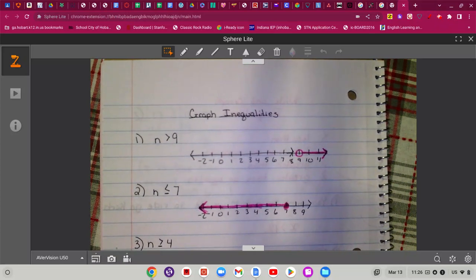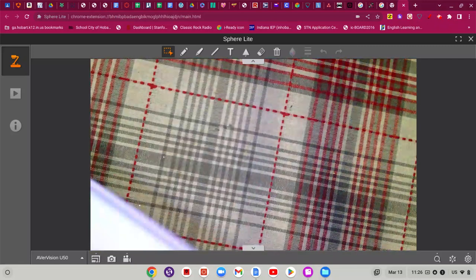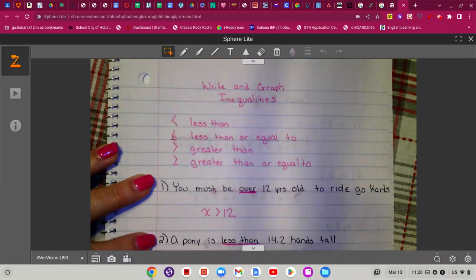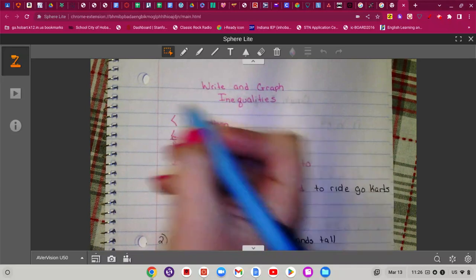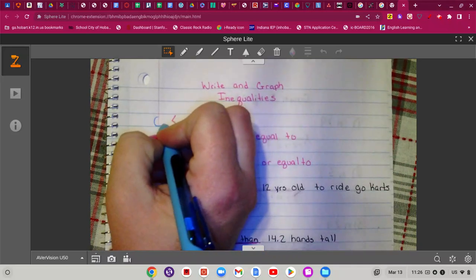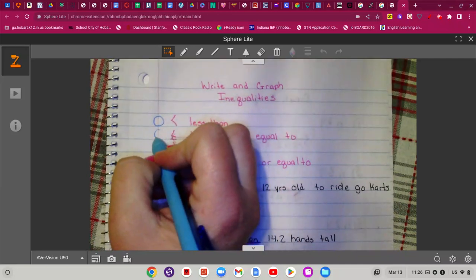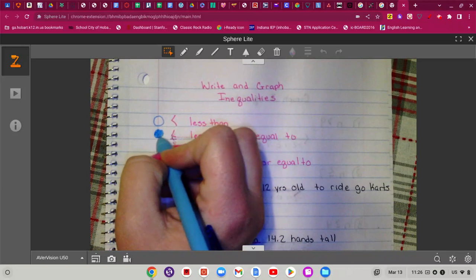Okay. So I want to go back to the original notes that we started and talk about all 4 of these words. Okay. So when you're graphing less than, okay, you're just going to have an open circle. If it's less than or equal to, you're going to shade in the circle because it can be that number.